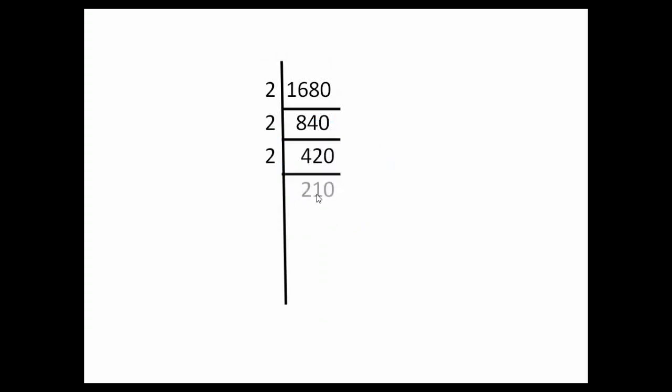Then 2 times 210 will give us 420. Then 2 times 105 will give us 210. Now we cannot divide by 2, so we have to take 3. So 3 times 35 will give us 105. Then 5 times 7 will give us 35. And finally, let's divide 7 as well. 7 ones are 7. So here we have the prime factors of 1680.